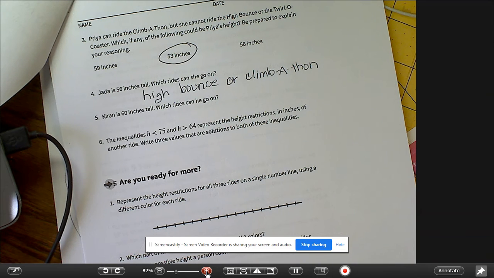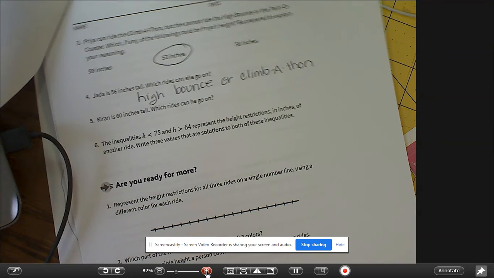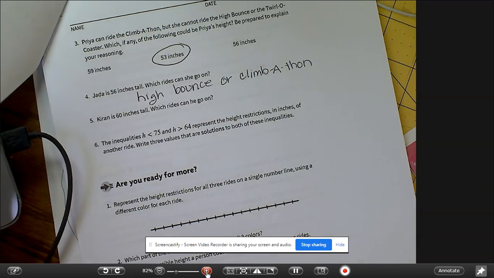If Kieran is 60 inches tall, which rides can he go on? So he is 60.